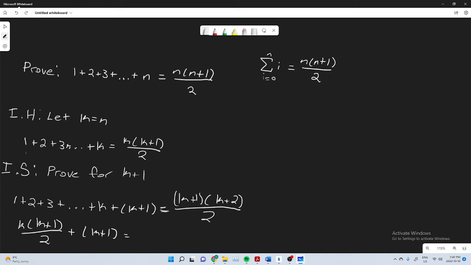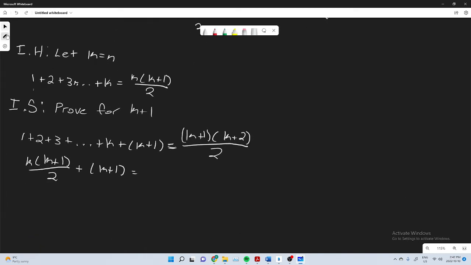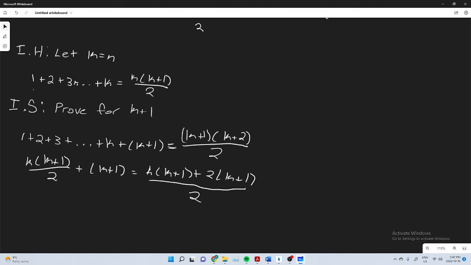I'm going to put these all under a common fraction, so they'll both be under 2. And so what I'll do is k times k plus 1 plus 2 times k plus 1 over 2. And now I'll block that off there and say this is equal to our right side, which is k plus 1 and k plus 2 over 2.